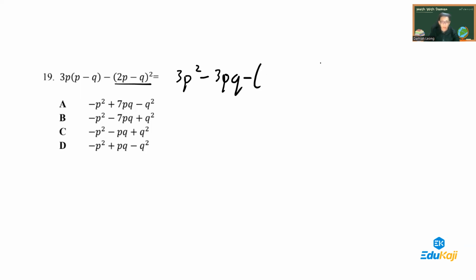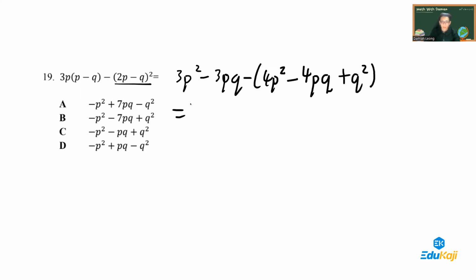Square means the same bracket multiplied by itself. So 2p times 2p, 4p square. 2p times negative q, minus 2pq, minus q times 2p, minus 2pq. So together it's minus 4pq. Then q times q, plus q square.